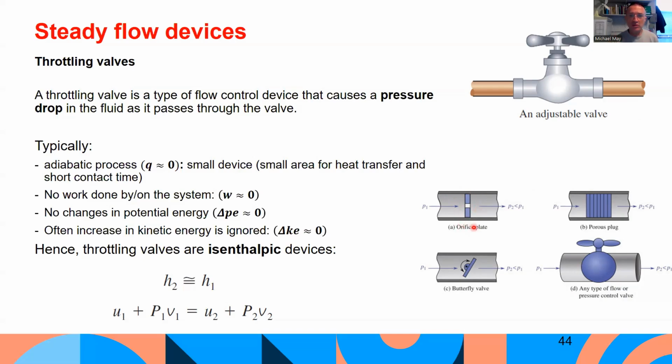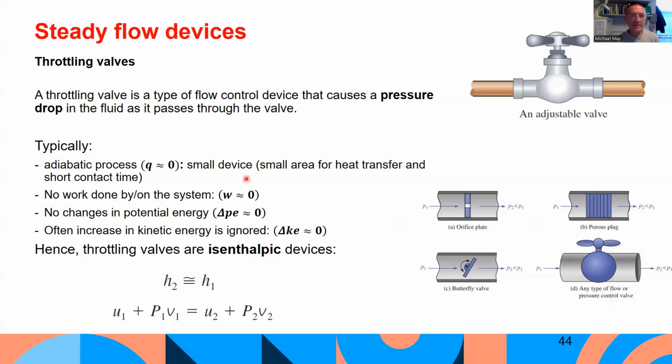And this would be treated as a throttling valve. You have porous plugs that slow down the flow and maybe turn it from turbulent into laminar, and they can be considered a throttling valve of a sort. You have this type of butterfly valve here, or you have gate or globe valves of different configurations as well.